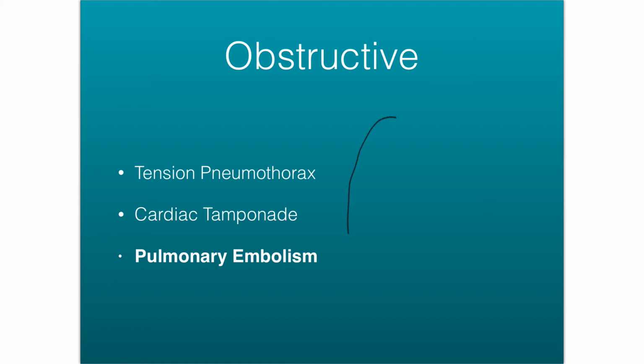So again, I'm not the best drawer here, but we'll pretend this is our chest, and we got our diaphragm, got our lungs sitting in here, and we have our heart right in the middle, well, a little bit on the left side.